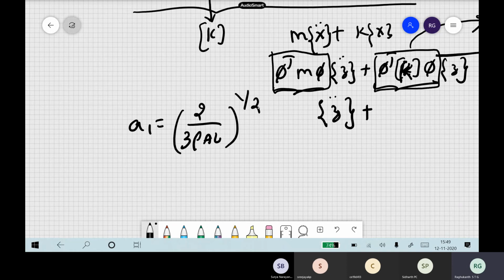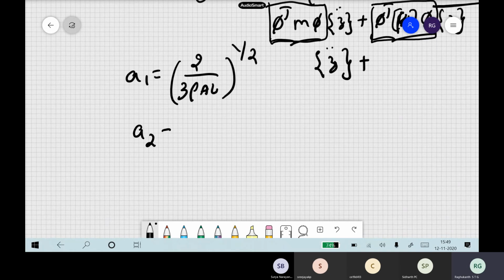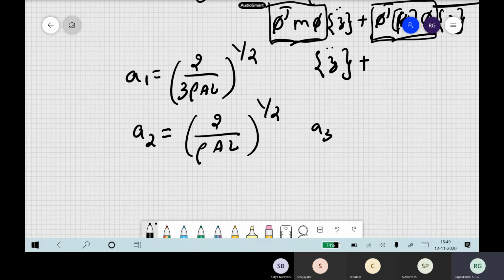These are the amplitudes of the eigenvectors. So 2 by rho AL, half, very easy to calculate. And A3 is 2 by rho AL into half. These are very, very important, because without this, you cannot find the response for any arbitrary forcing function. That's why this becomes very important here.